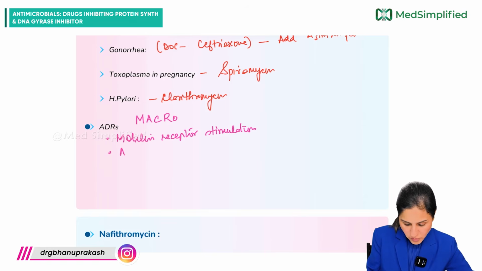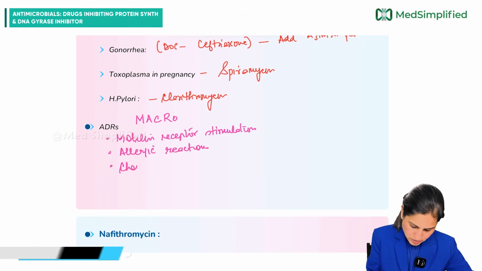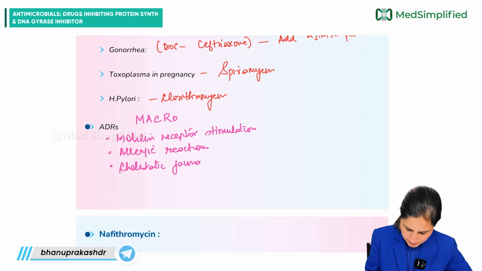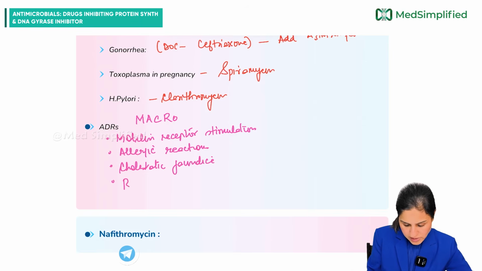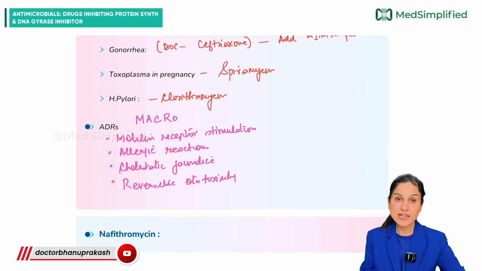Then A stands for allergic reactions. C stands for cholestatic jaundice, mostly seen with erythromycin. And RO stands for reversible ototoxicity, again mostly seen with the erythromycin group.